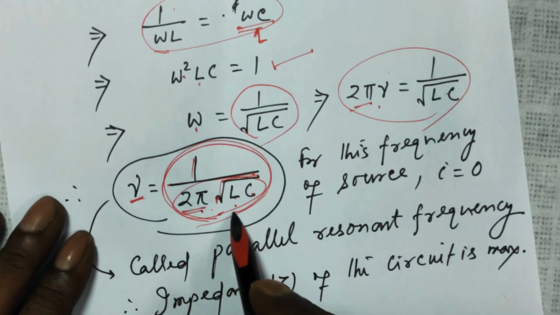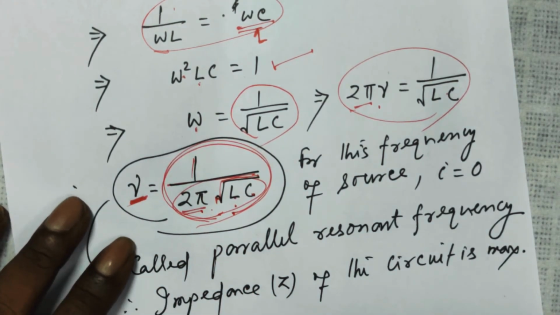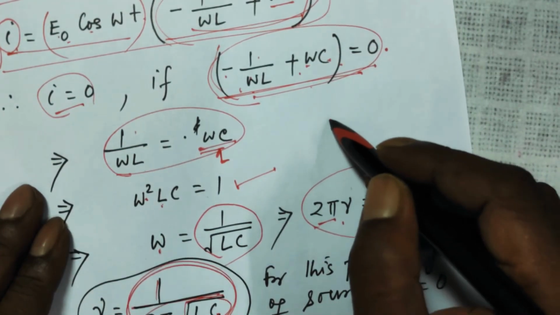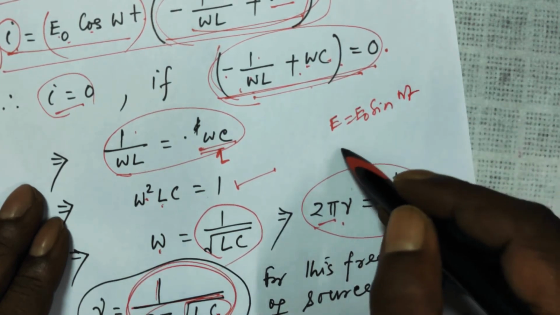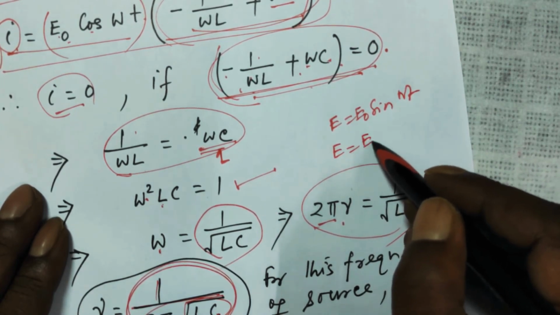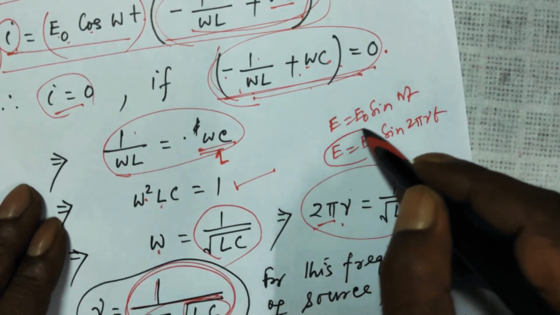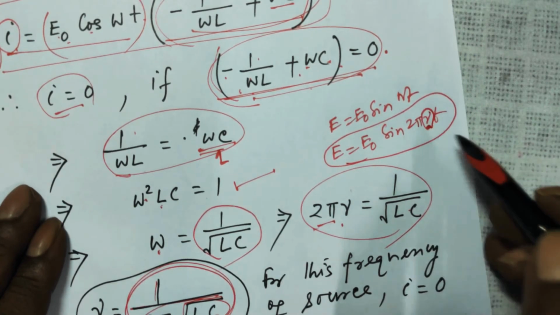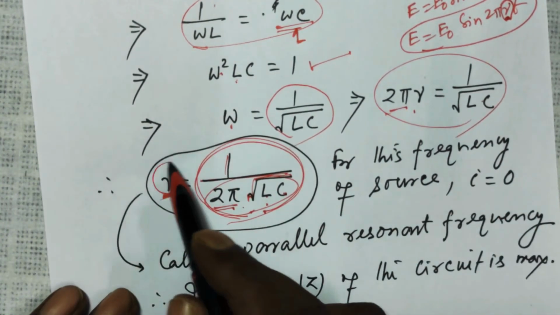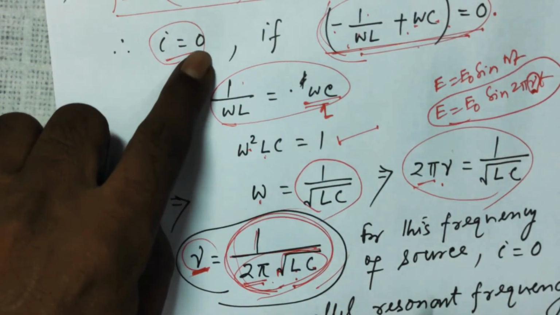Whatever number you get, if the frequency of the source, that is E is equal to E naught sine omega t, where omega is 2 pi nu, if you vary this frequency, and if this frequency becomes equal to this frequency, then your current in the circuit is 0.